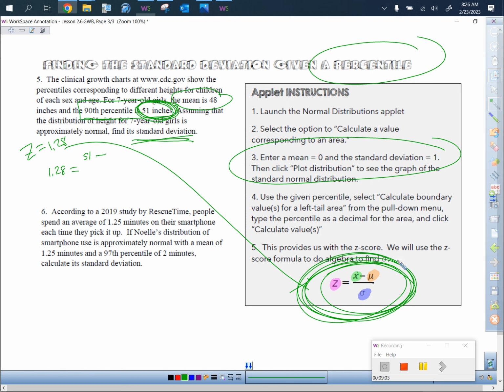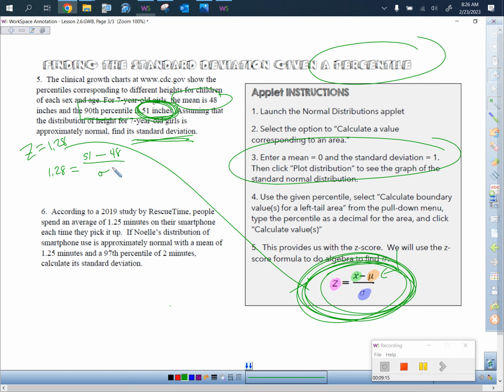Take away, what's this weird symbol? That's the mean, right? They told me the mean of 48. You okay with that? And that's over the standard deviation. If you want to put that little sigma, you're welcome to. If you want to call it SD because you don't like drawing that, you're welcome to. I don't care, but it's the standard deviation.